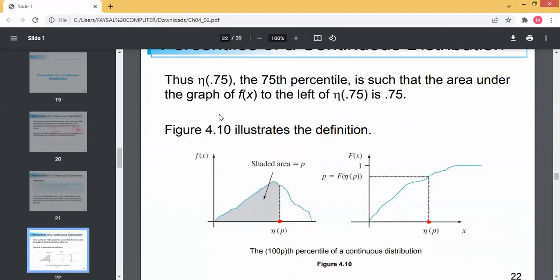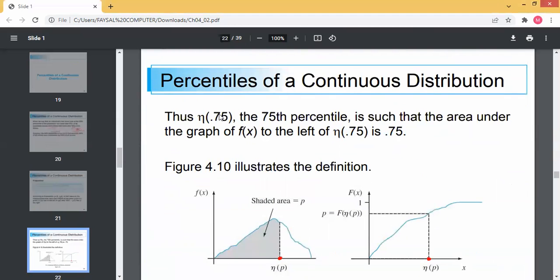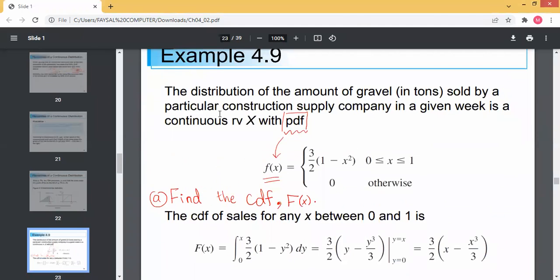Okay, now moving towards the next one. Example 4.9. For example 4.9, I have given certain values. These values basically are changing with respect to time or some parameters.